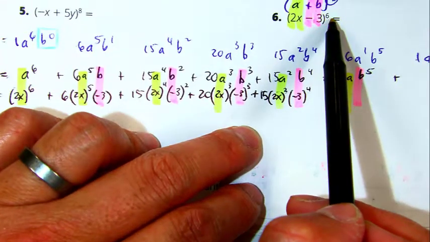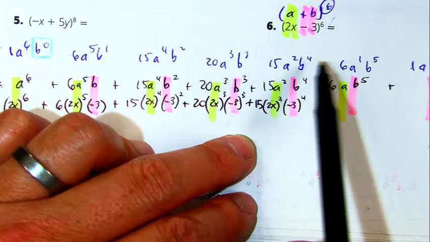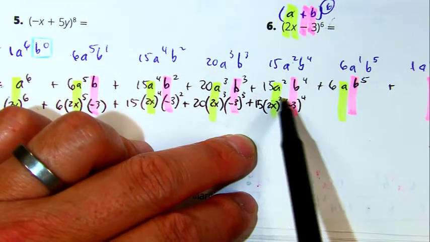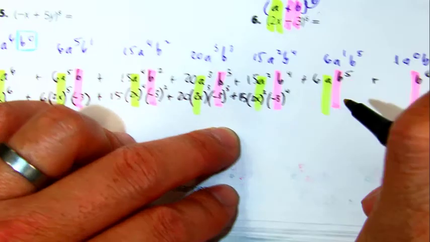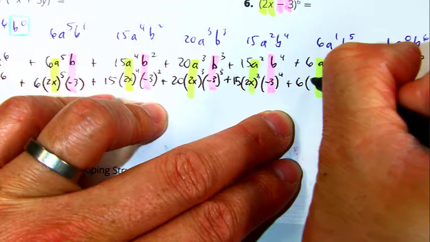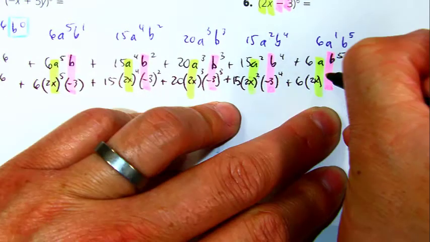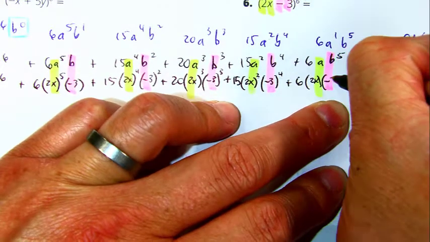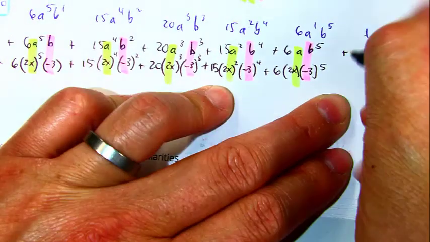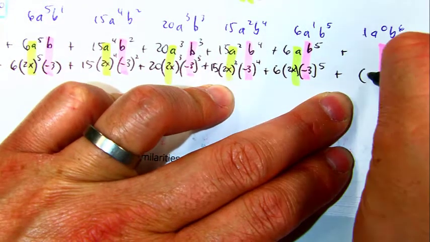So, 2 plus 4 is 6. Remember, every a value is 2x, and every b value is negative 3. And then negative 3 to the 6th power.